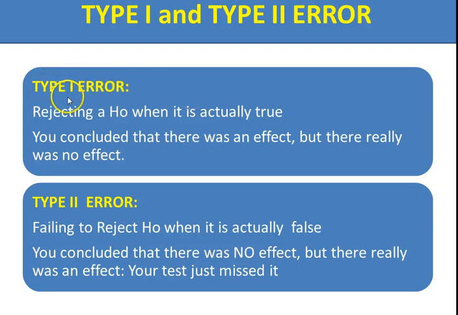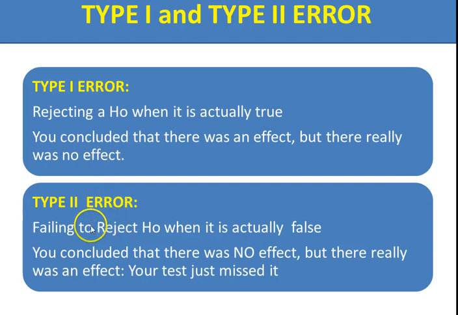So when you make the decision to reject the null hypothesis, you always have the probability of making what is called type 1 error. In other words, if your decision is to reject the null hypothesis, you can always be wrong. And what that means is that you rejected the null hypothesis, you concluded that there was an effect, but there really was no effect.